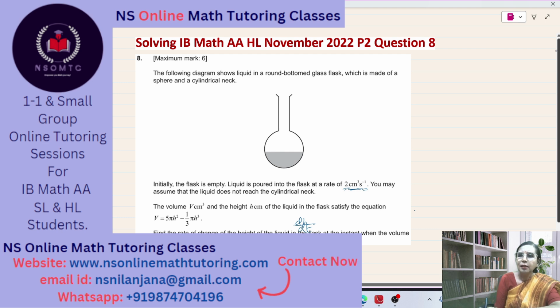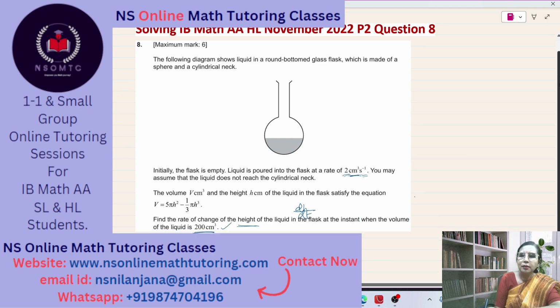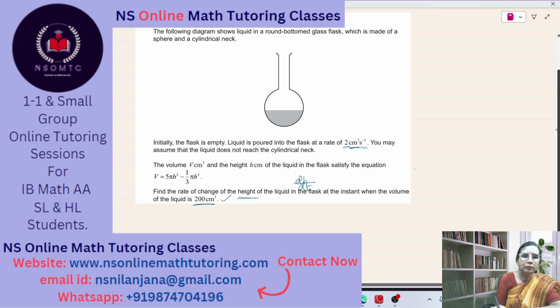Let us start with this volume expression first of all. V is equal to 5 pi h square minus 1/3 pi h cubed.